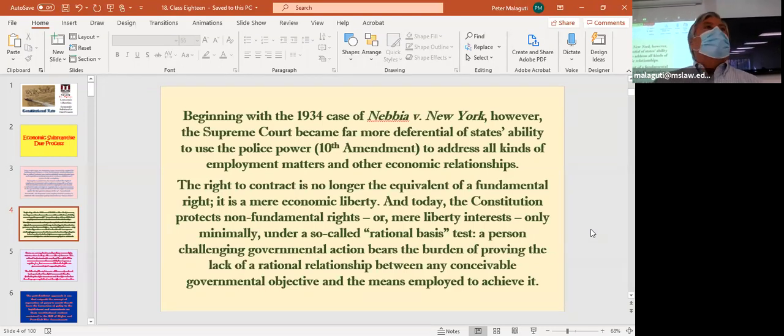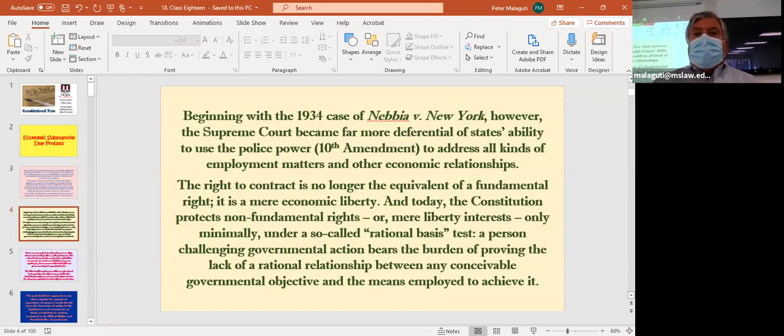The West Coast Hotel case would follow. And then after that, the Carolene case would follow. And then finally, we'll conclude by cementing this with the Williamson versus Lee Optical case, a very, very important case for you folks on the bar exam. So I'm going to highlight that case in particular detail, okay?